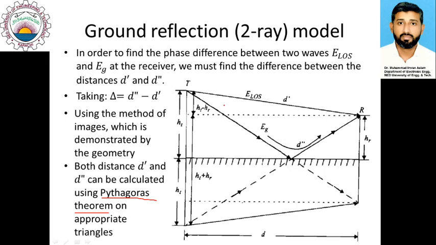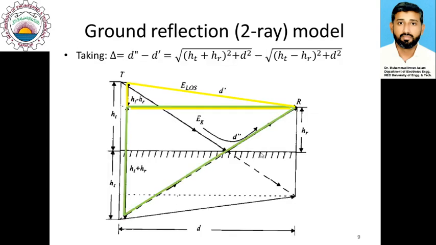If you are feeling difficulty in identifying those triangles, let me clarify those triangles in the next slide. So this is the same figure. I have superimposed two lines, one with the green color and the second with the yellow color. You can see this green part makes a right triangle here, where this height is ht plus hr.